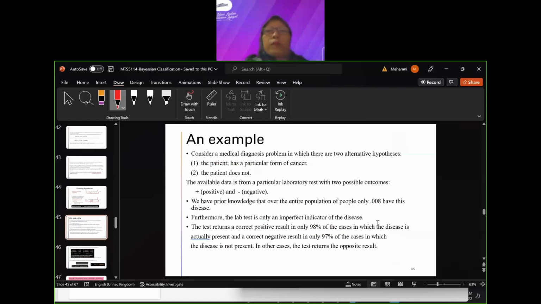Let's have one example just to make it clear. Consider this actually the same story as before. Consider a medical diagnosis problem in which there are two alternative hypotheses: the patient has a particular form of cancer, and the patient doesn't have that form of cancer. Positive means got cancer, negative means didn't get cancer.